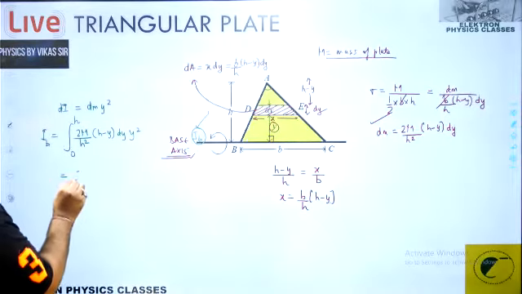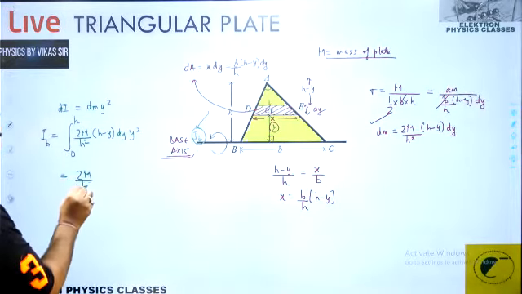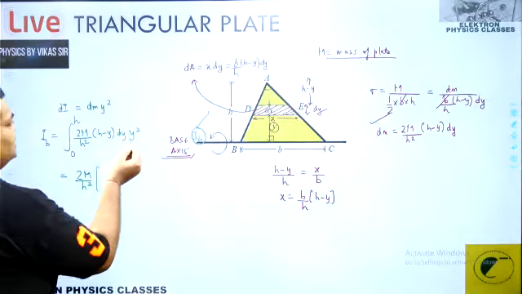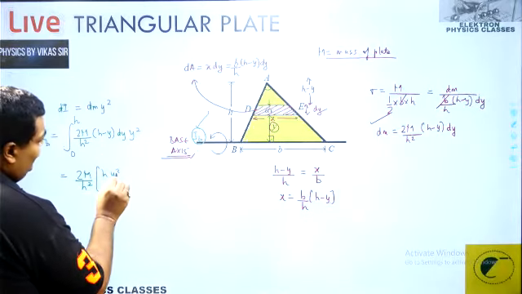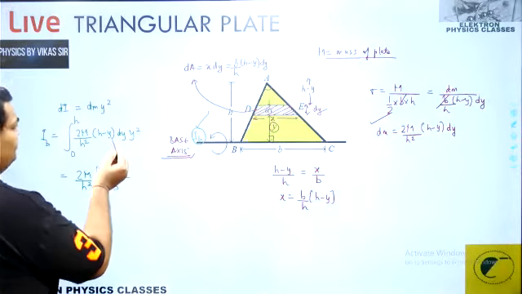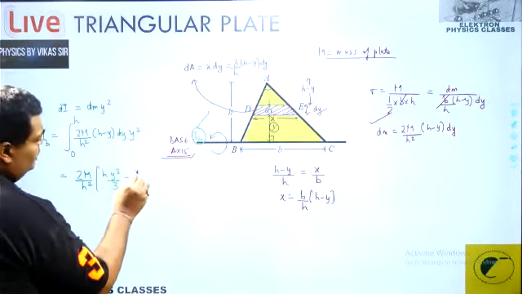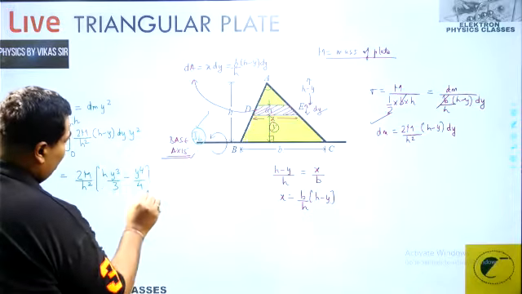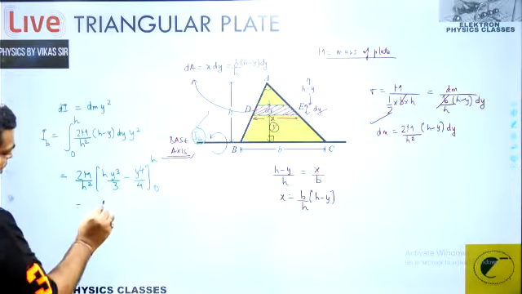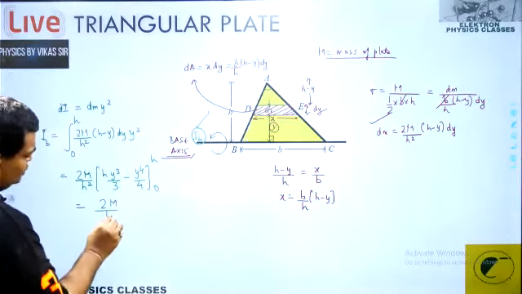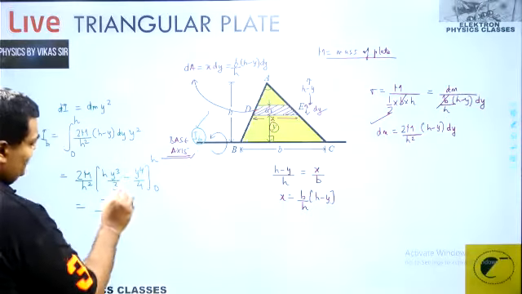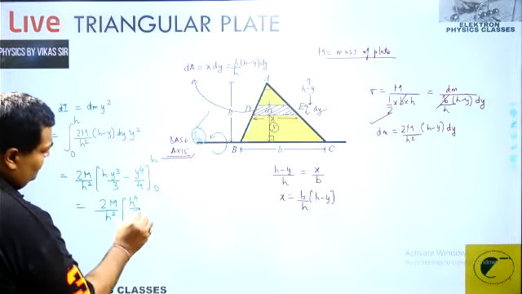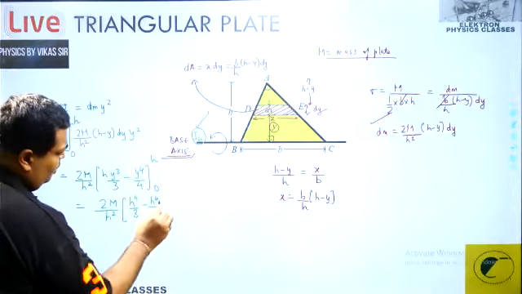Let's evaluate this. That is twice of m upon h square into h y square minus y cube, so that will be h into y cube upon 3 minus y to the 4 upon 4, from 0 to h. That's twice of m upon h square into h to the 4 upon 3 minus h to the 4 upon 4.